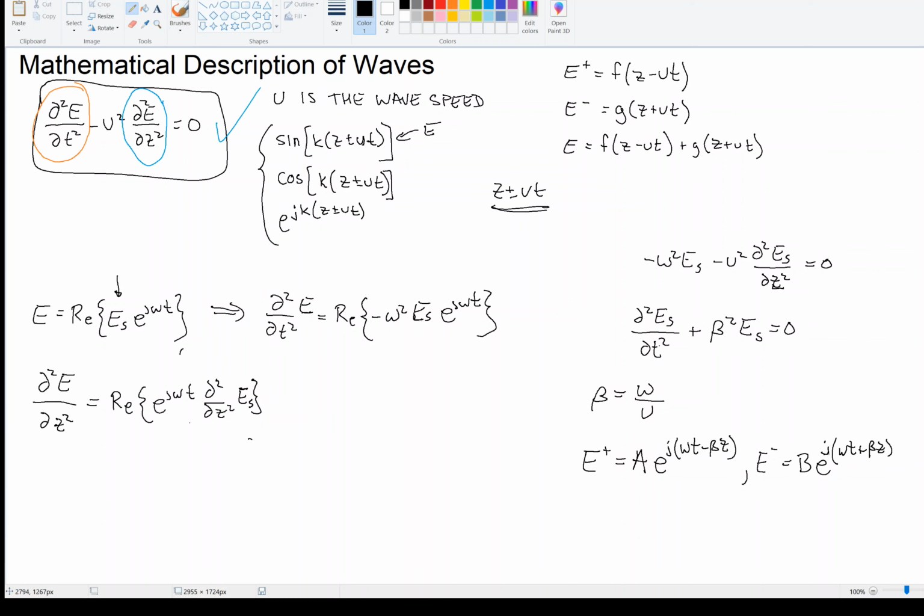And you might ask, well, why is that a solution? Why are those two things solutions to this? And the reason is, again, you can plug these into this equation and verify that it's true.